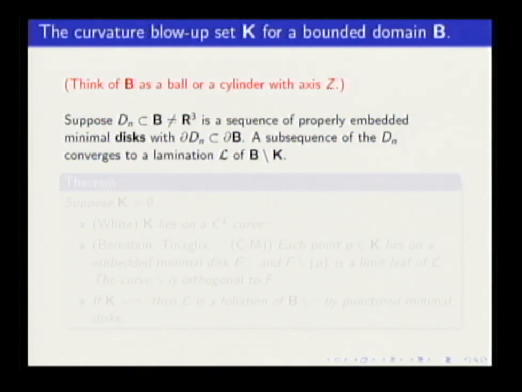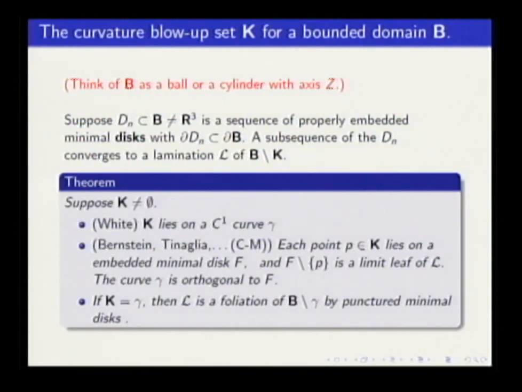And I'm going to call it a ball. You should think of it as a real ball. It's the right image to think of. Well, you get convergence away from the curvature blow-up set, as I said, to a lamination. And I'm repeating some stuff that Brian said. I didn't know he was going to say all this, but let me say it here again.